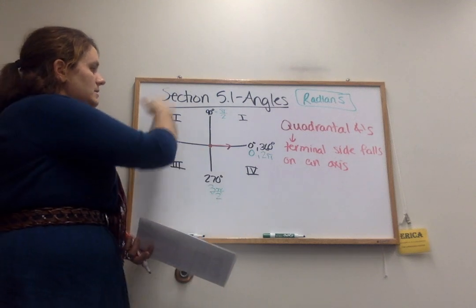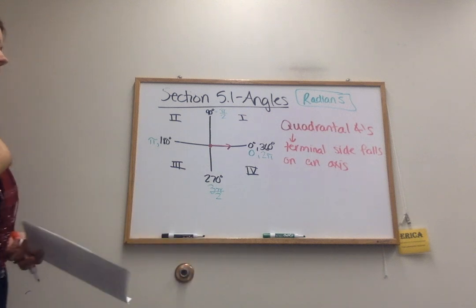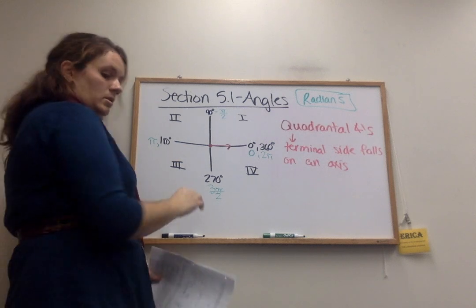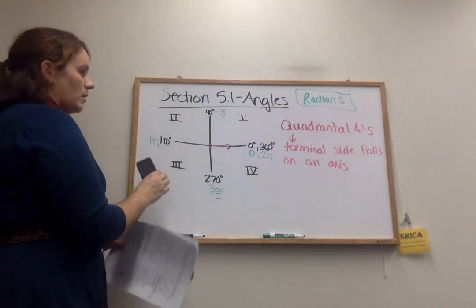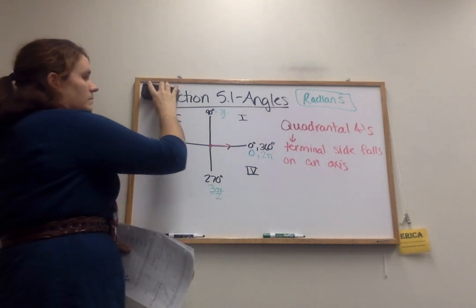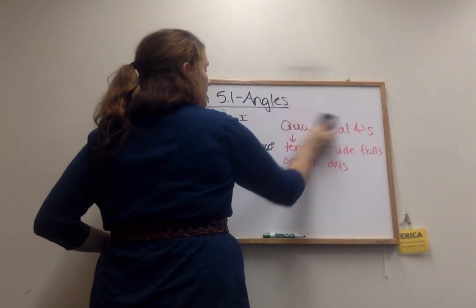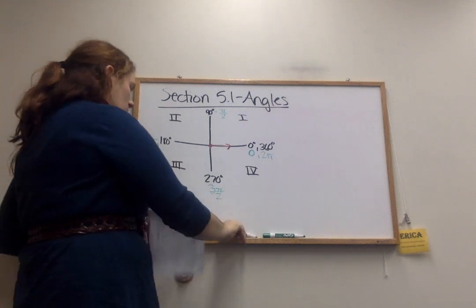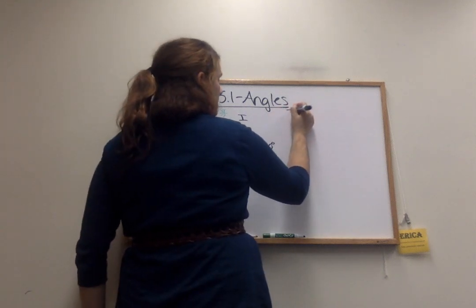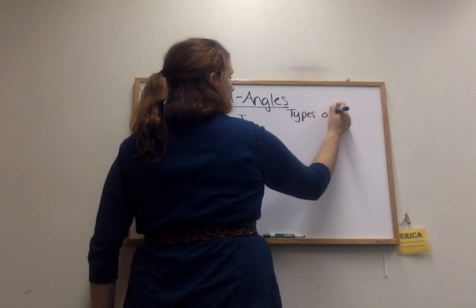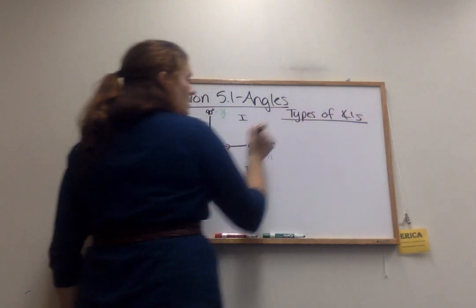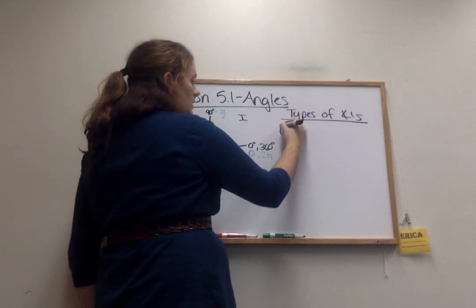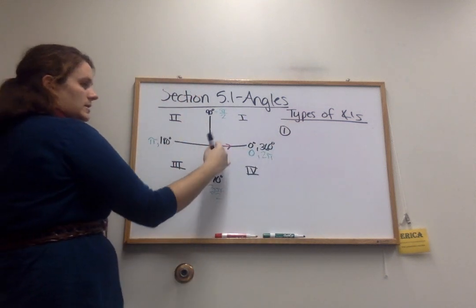So that kind of gives us the breakdown of what the measures of angles can be. But now we're going to talk specifically about the different types of angles. There are specifically 5 different kinds of angles, and they really go kind of by the quadrants that they can fall in.